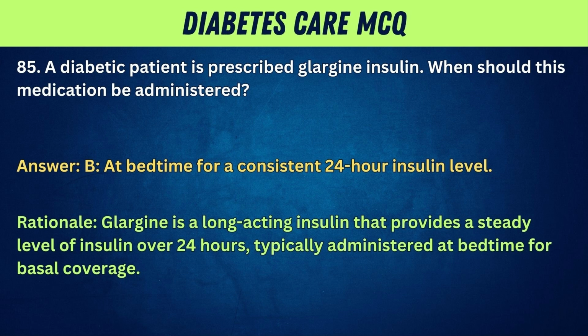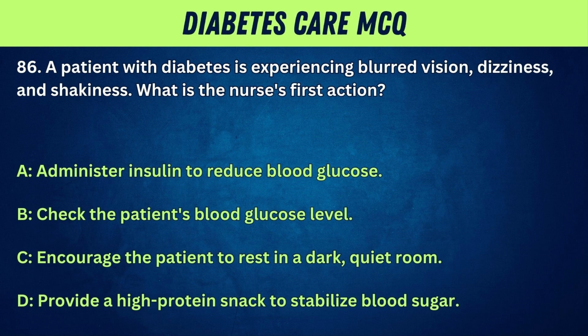Answer. B. At bedtime for a consistent 24-hour insulin level. Rationale: glargine is a long-acting insulin that provides a steady level of insulin over 24 hours, typically administered at bedtime for basal coverage.